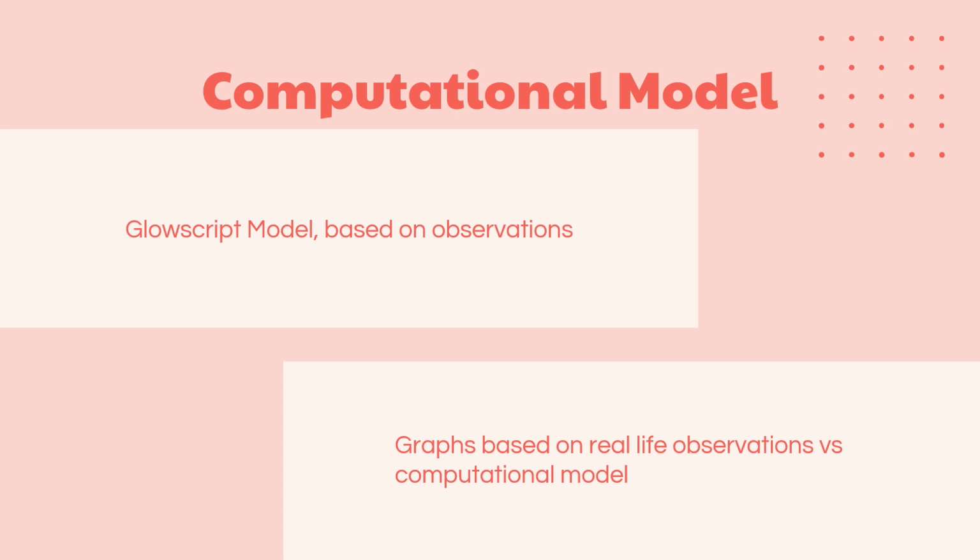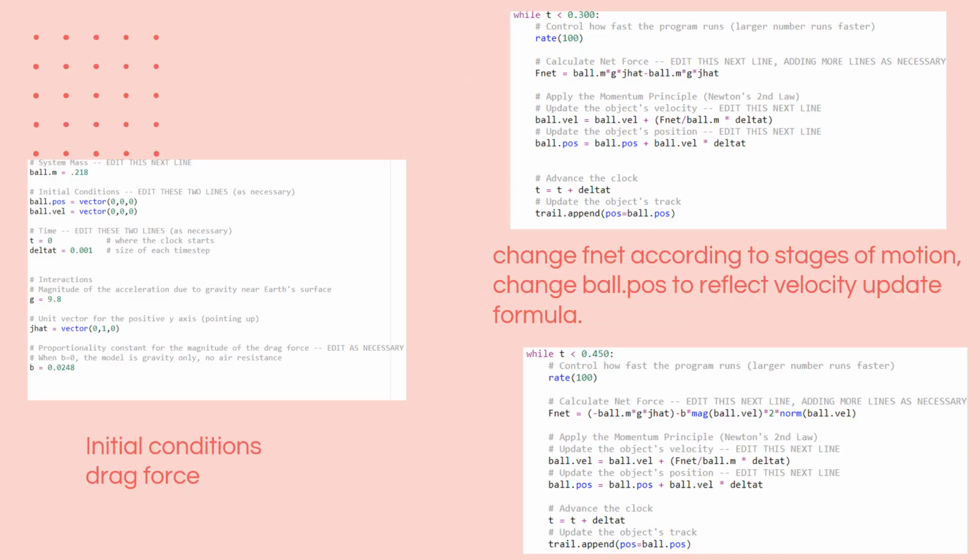So here I'm going to evaluate the computational model that I created from GlowScript. These are the conditions that I put in. Here shows the initial conditions, which is again that 0 vector, and a mass that I found online for a standard slinky to be 0.2 kilograms.